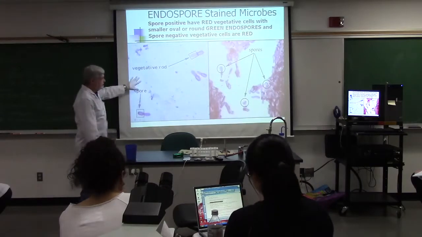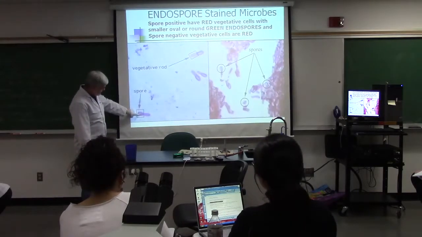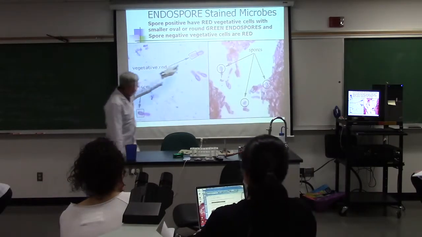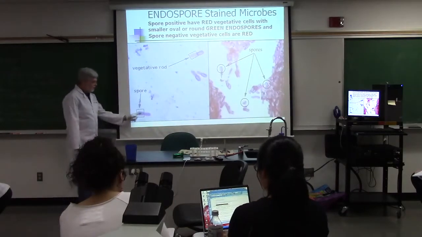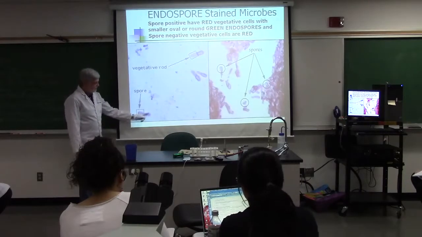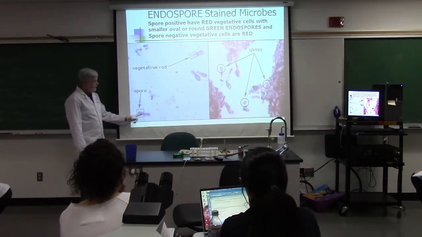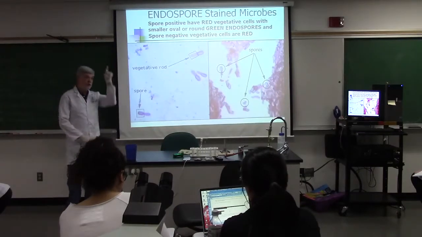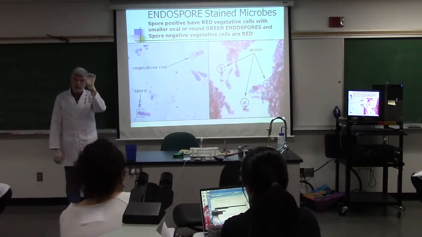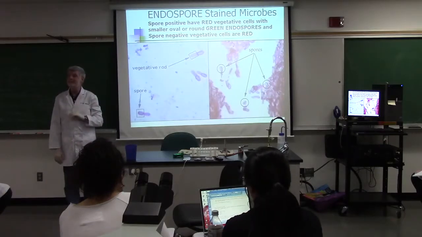So remember, this is a Gram stain, yet you can see clear on the inside part, okay? The vegetative part is the solid one, and the one that's kind of clear inside, that's the endospore. So if you see a colored ring and an interior is clear, that's the endospore.